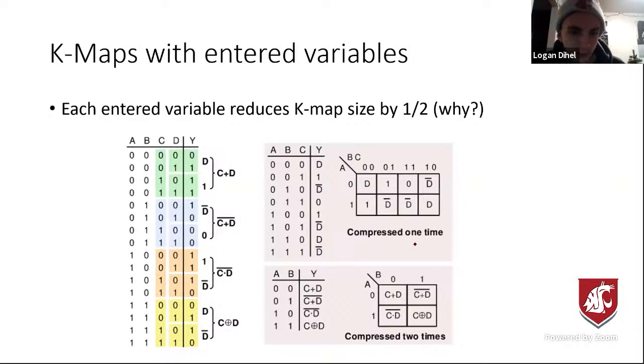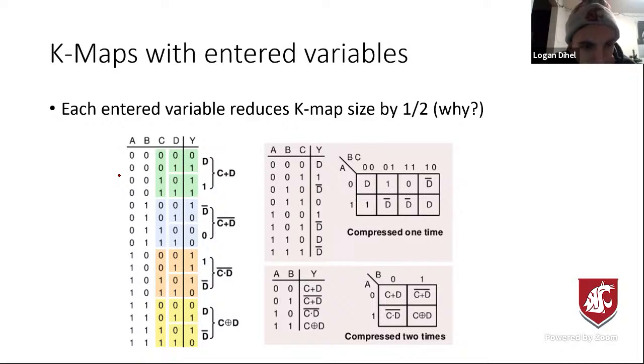Okay, we'll move on to entered variables. There will be a simple entered variable problem on this exam, something like this top one. I doubt it'd be something like the bottom one, but most likely something like this top one. The idea is if we had a truth table like this, we can get rid of this whole D column and then use D in our output.